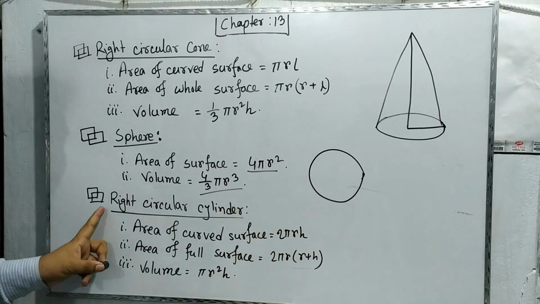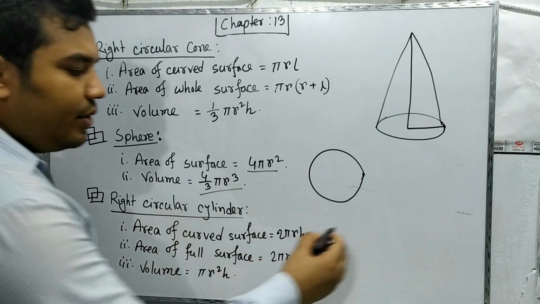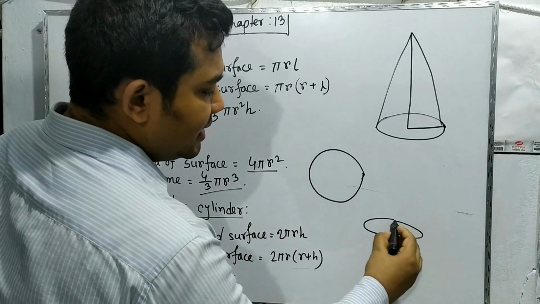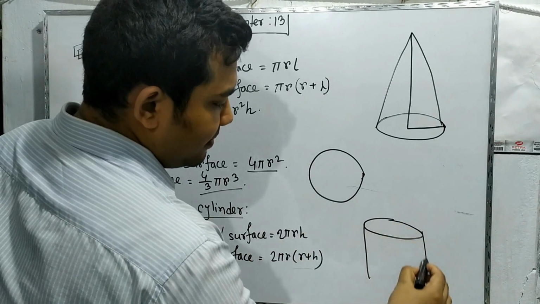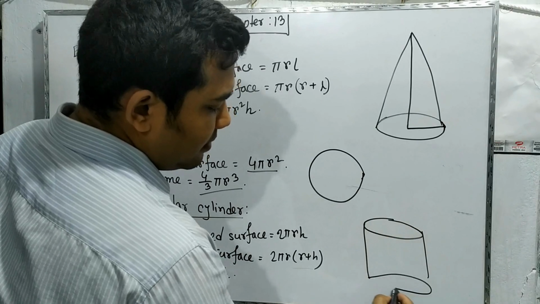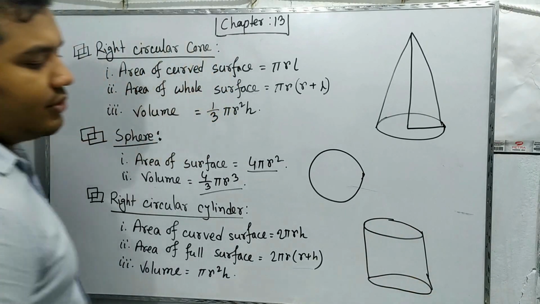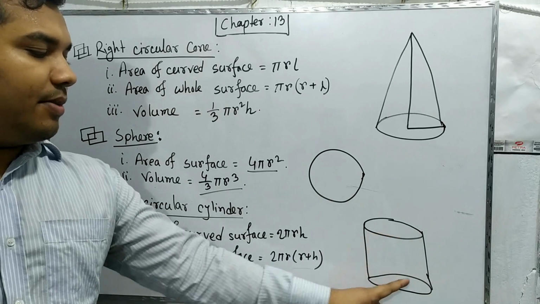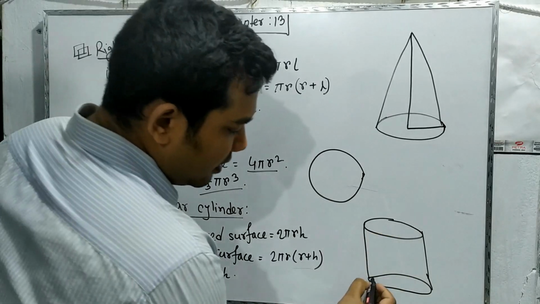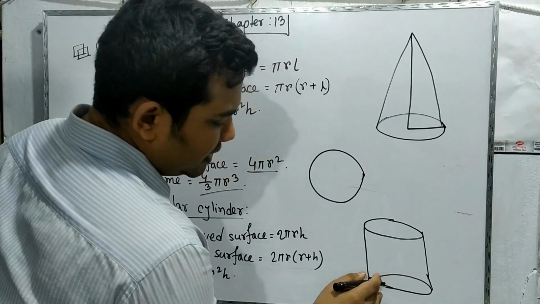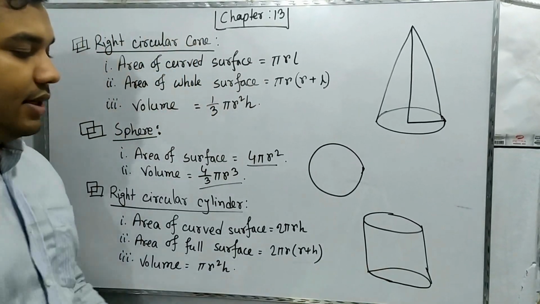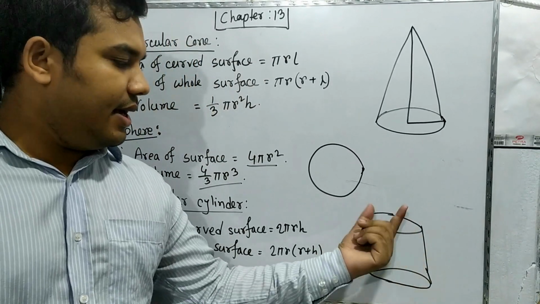And finally the right circular cylinder. Cylinders look like this. There are two circular parts here. Actually this drawing is not appropriate; the same type of circle will be here and here.